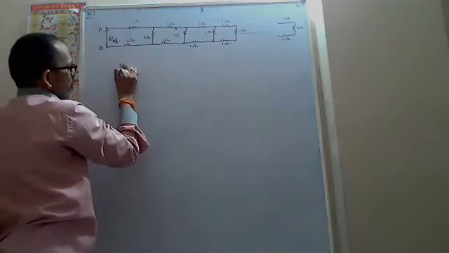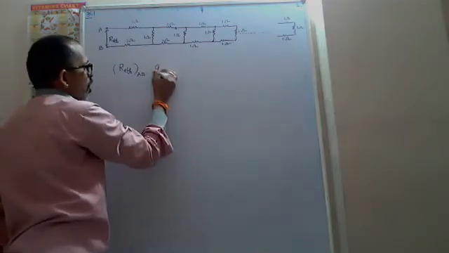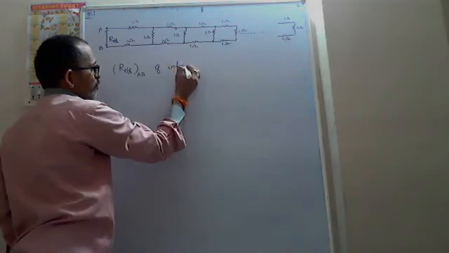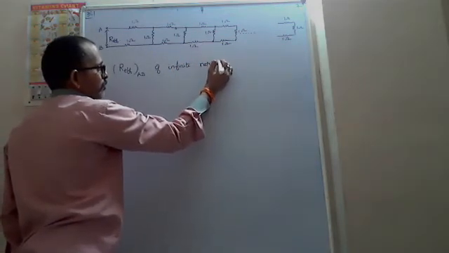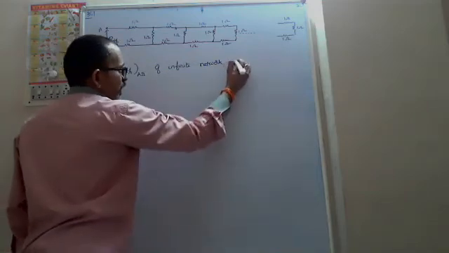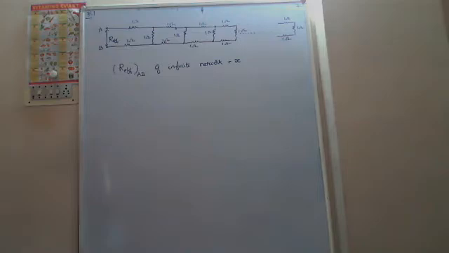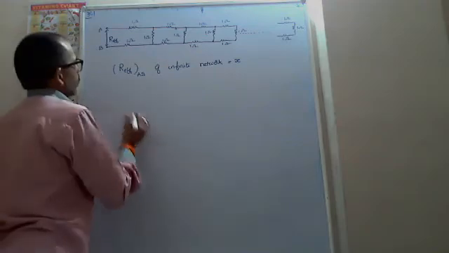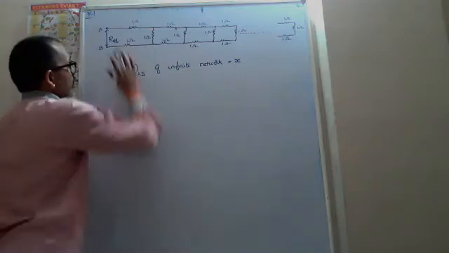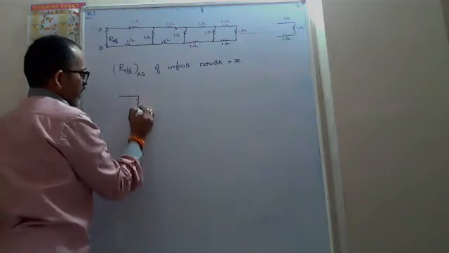First of all, I am assuming that the effective resistance between A and B of the infinite network, let it be some X, and I am going to find out the value of that X. Between A and B, for the complete infinite ladder, I am taking the effective resistance as X.